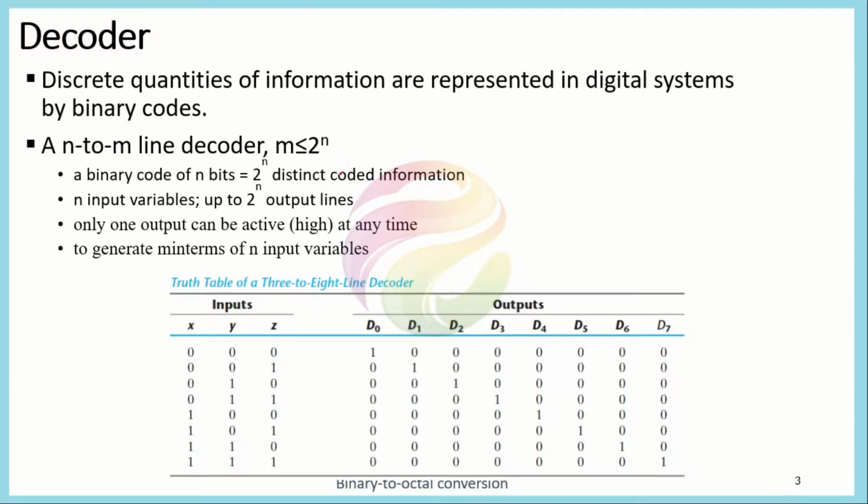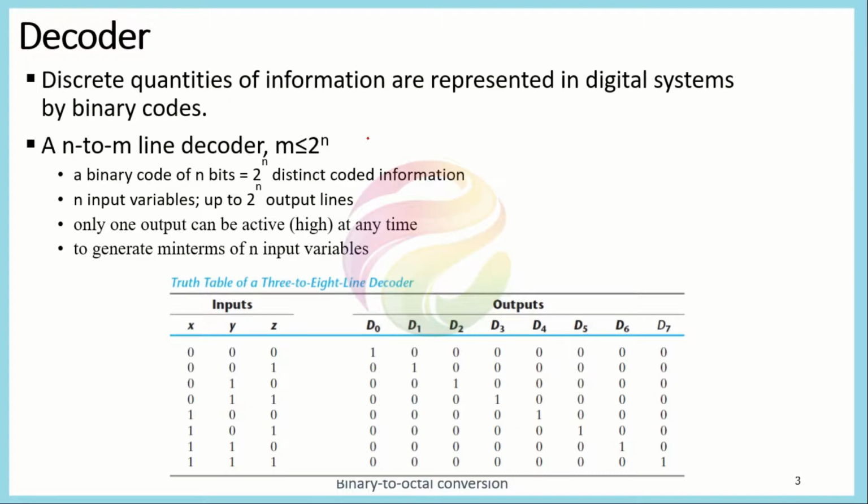It means that for any given decoder, the number of output lines may be equal to the maximum of 2 raised to power n, but could also be less than that.